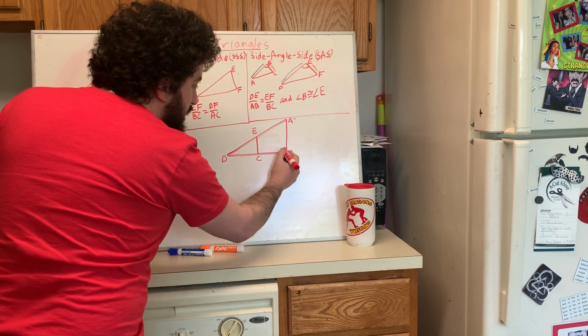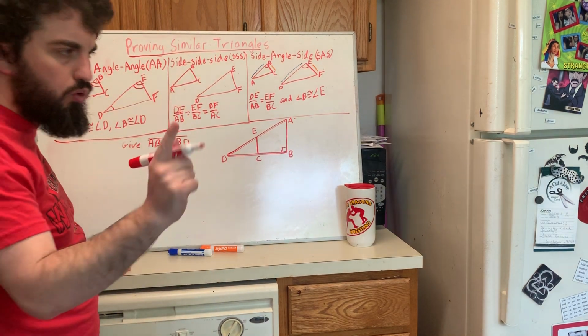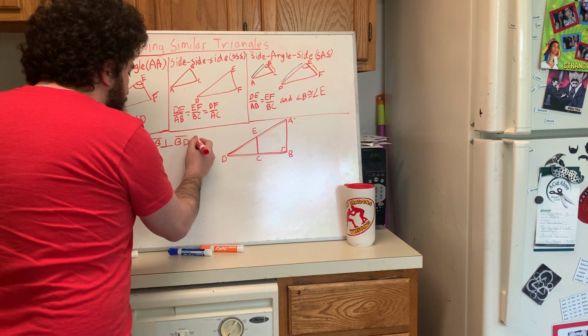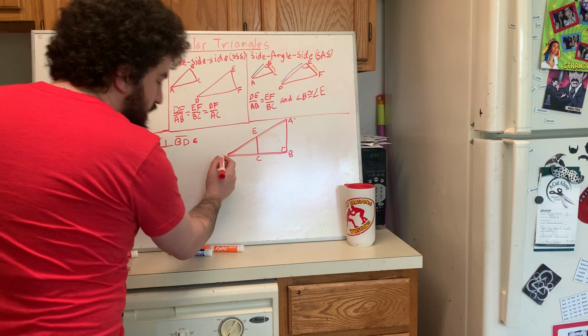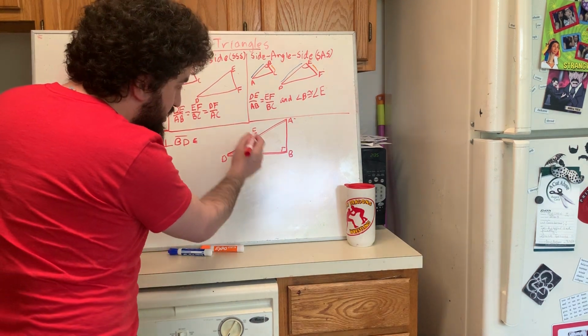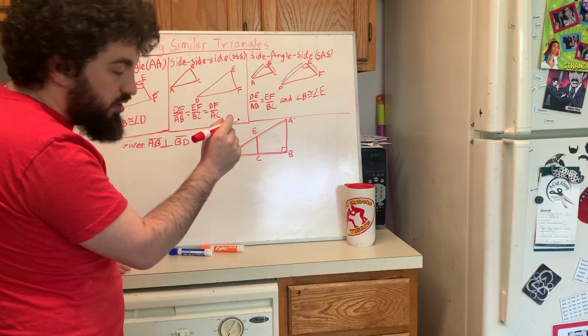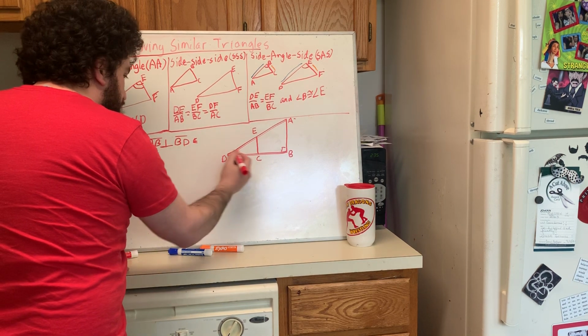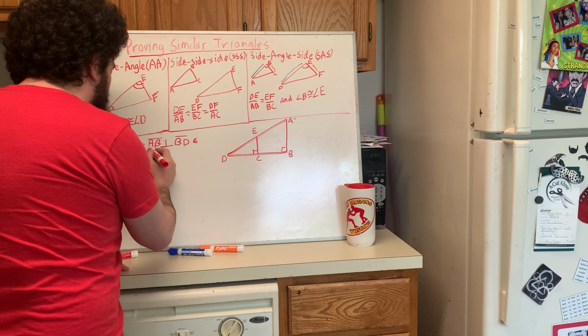So right away, I know that makes a right angle. We'll get to that inside the proof. And I am also told that EC is perpendicular to BD as well. So those are perpendicular.